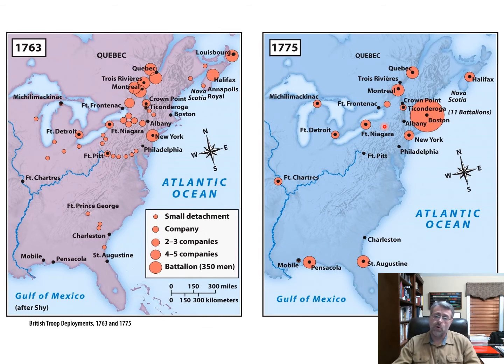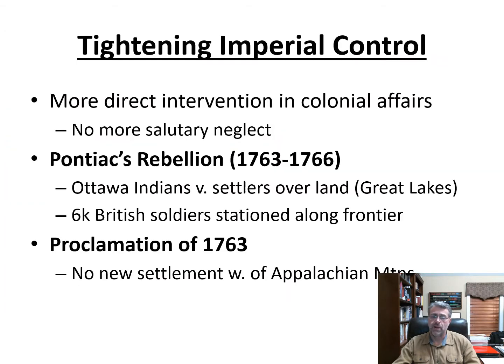After the French and Indian War, seeing British soldiers here in North America is a very common occurrence. It's a part of everyday life. So the very visible indication that England is now attempting to control these colonies more so than it had in the past. Salutary neglect is over. England is here, and they're making their presence known, and they are attempting to control what's going on here in a more active way than they had in the past.